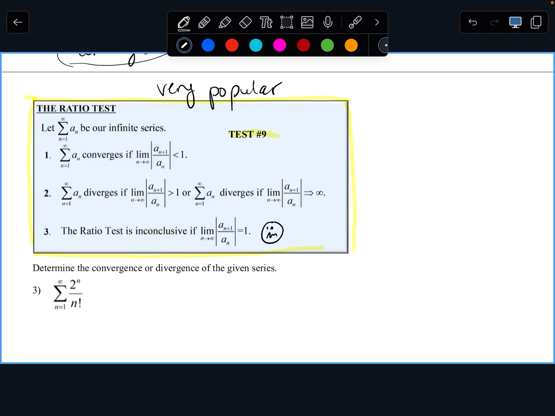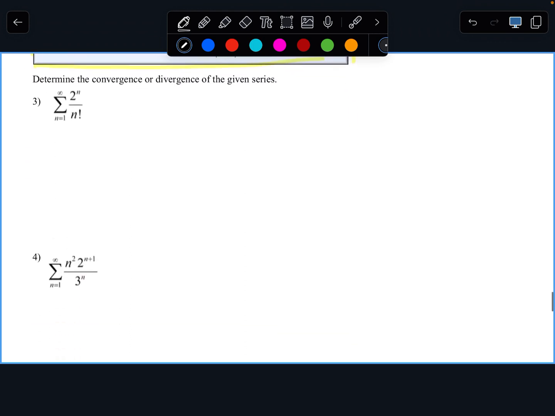Ratio test, I usually use with factorial ones. Or ones with, well, you can see these examples. They're kind of mixing P-series and geometric-y kind of stuff together. So it's like, what am I going to compare it to? It's hard to tell what I would compare it to.